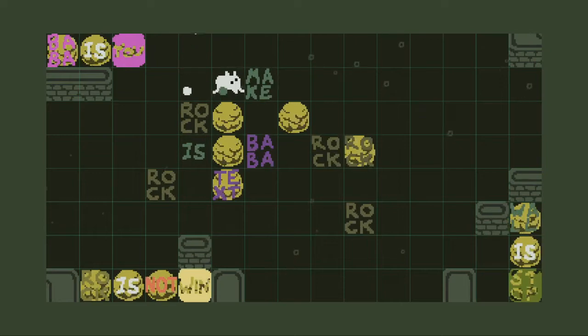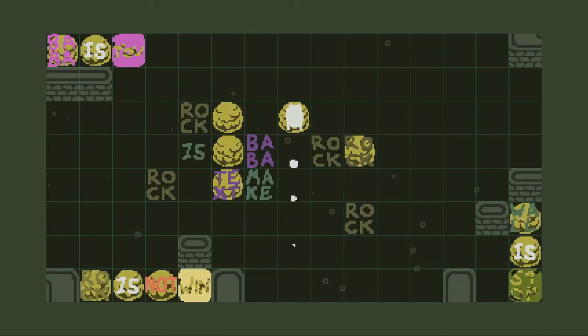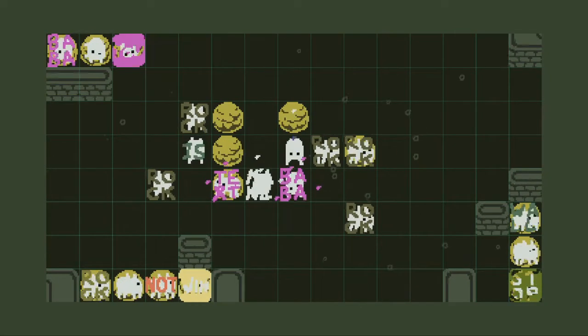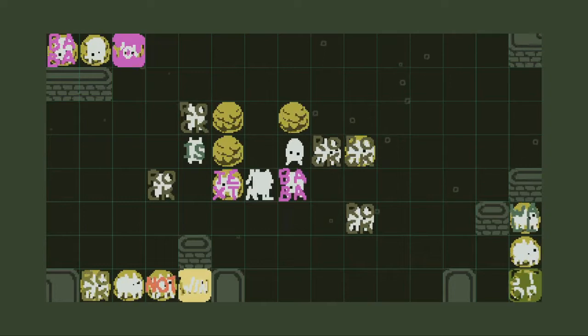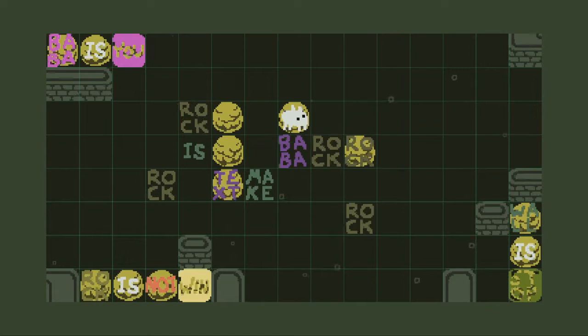Instead of that, the other thing I was thinking about is text makes Baba, just to make sure some Babas exist in the world. If I did that, oh, then I'm going to end up with too many Babas everywhere. Is there a way to do that later?